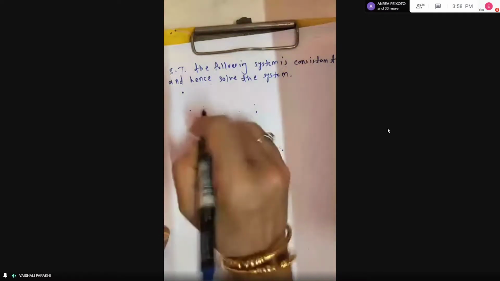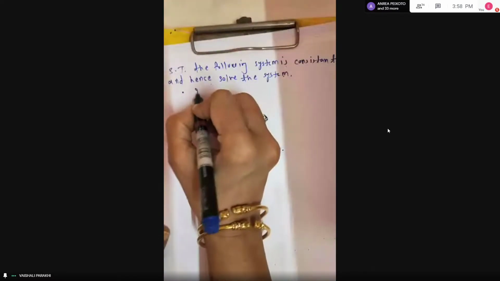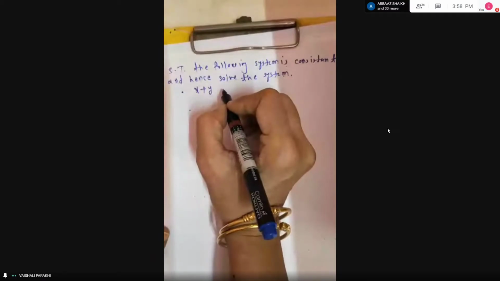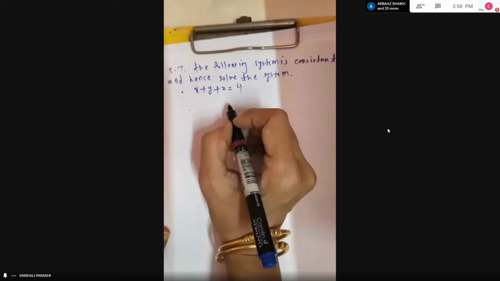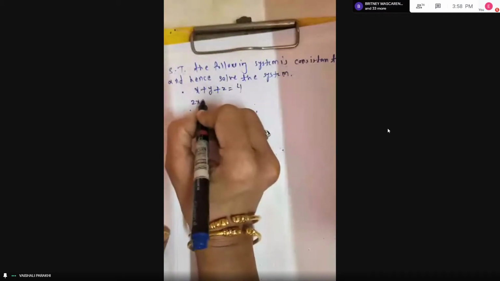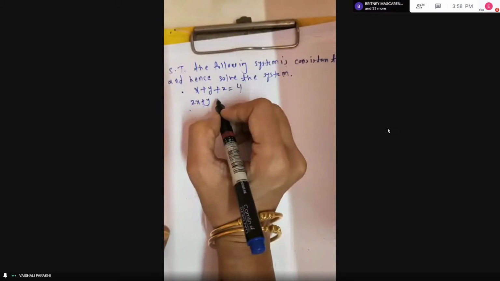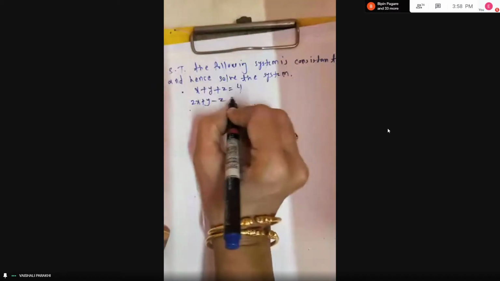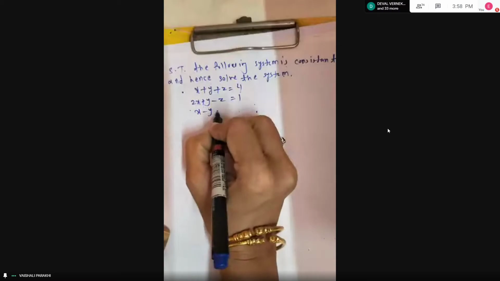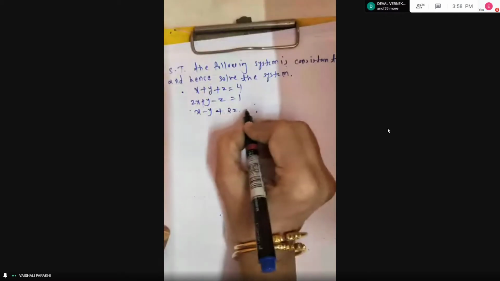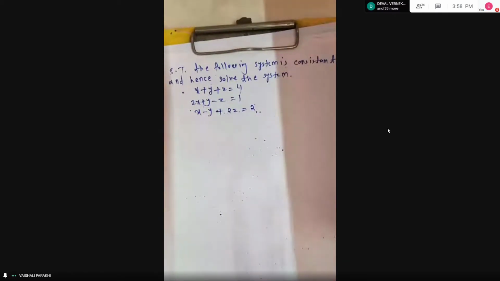The equations are given like this: x plus y plus z is equal to 4, 2x plus y minus z is equal to 1, x minus y plus 2z is equal to 2.